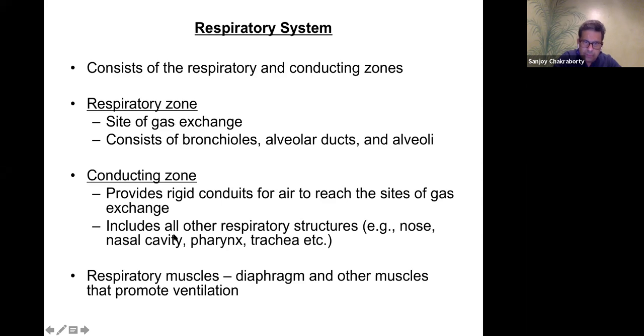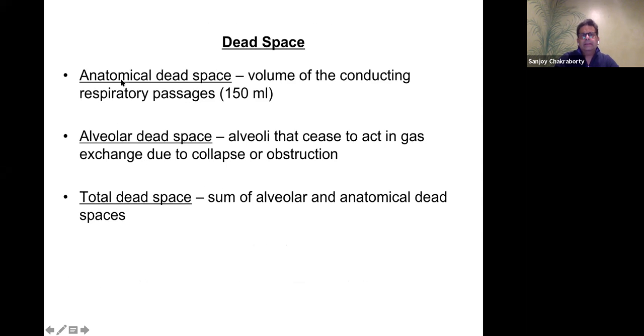Whatever volume of air is stuck in there when you're breathing in, we call that anatomical dead space volume, meaning that volume of air has no respiratory function. In other words, it does not participate in the gas exchange.